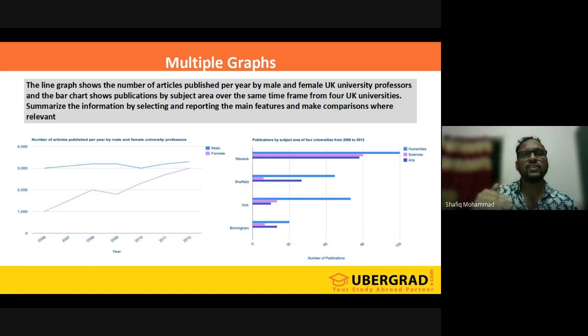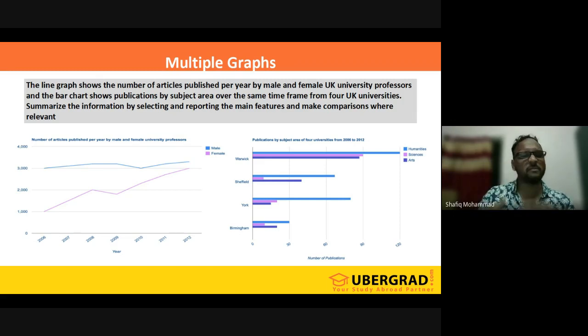But I suggest giving the overview in the second paragraph because overview and introduction will get you more marks. A lot of English is involved in it because you're paraphrasing the question in the introduction and also giving your own observation in the overview. So these two paragraphs have to be first.